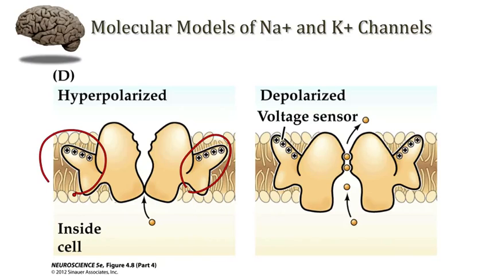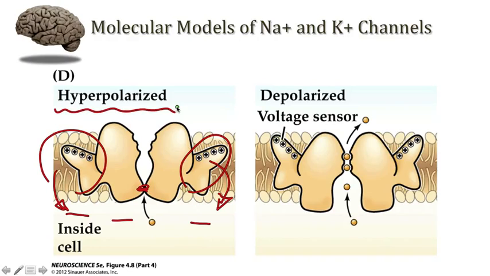So in the hyperpolarized state, when the inside of the cell is made more negative, these positive charges in these wing-like structures are drawn inward toward that negativity. The conformational change that happens as these subunits pivot allows for a closure of the pore loop regions, and potassium ions are not able to pass outward through this channel with hyperpolarization.